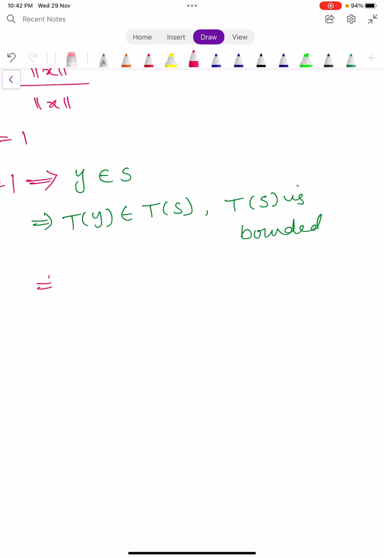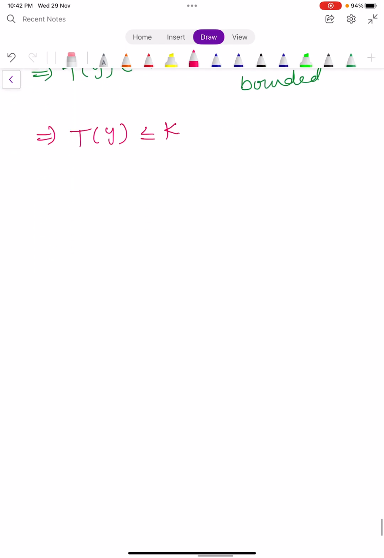From this you can conclude that norm T of Y is less than or equal to K. Now what is Y? T of X by norm X is less than or equal to K.